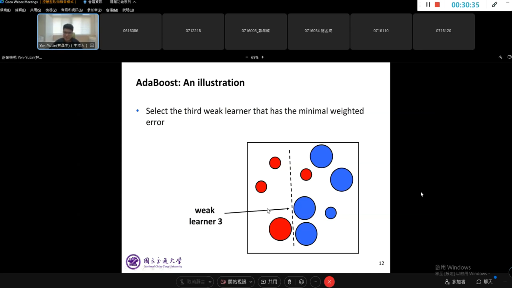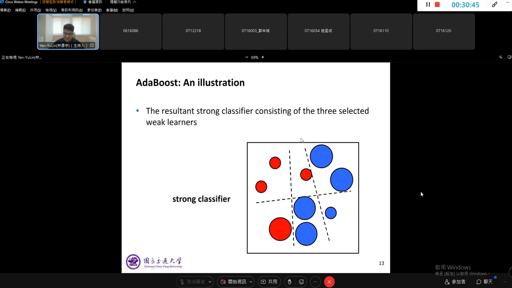We run the algorithm for three iterations, so we will get three weak learners. So let's consider the decision boundary of the first, the second, and the third weak learner by majority vote. This is the resultant decision boundary if you combine the three weak learners.